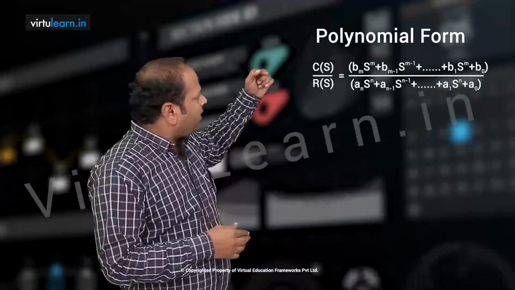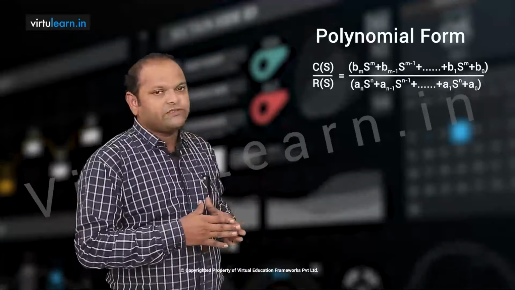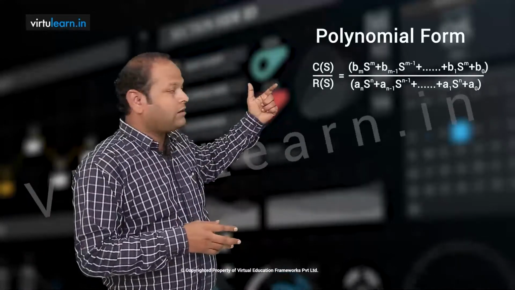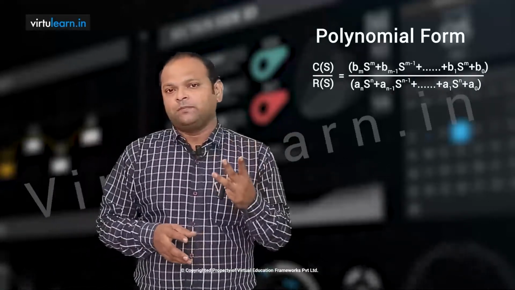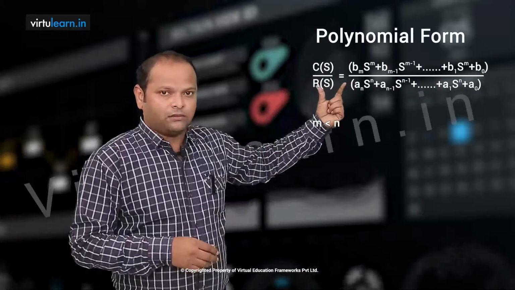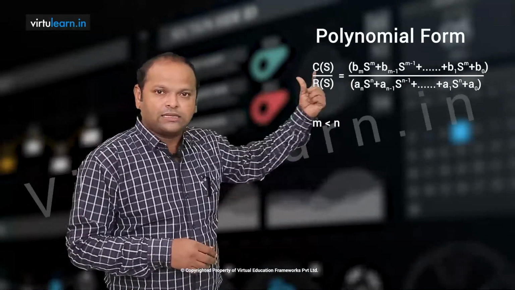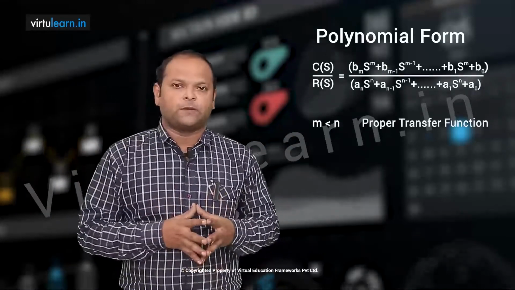Now depending upon m and n, I can classify the transfer function, whether it is a polynomial or any other form, into three basic types. When m is less than n, that means the number of zeros is less than the number of poles, then we call it a proper transfer function.